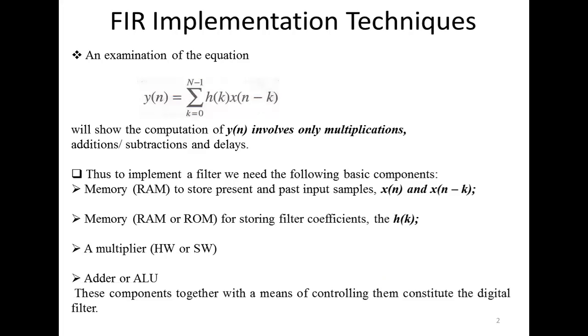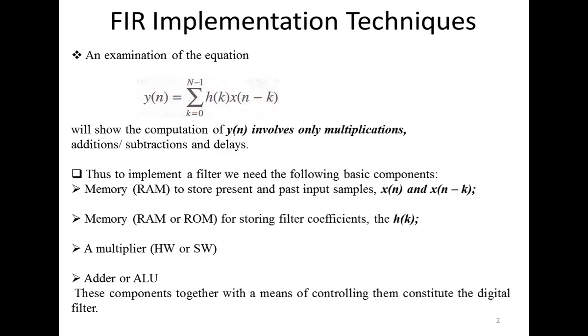Next, an example: y of n equals summation k equals 0 to N minus 1 h of k x of n minus k. Here y of n involves only multiplications, additions, subtractions, and delays.